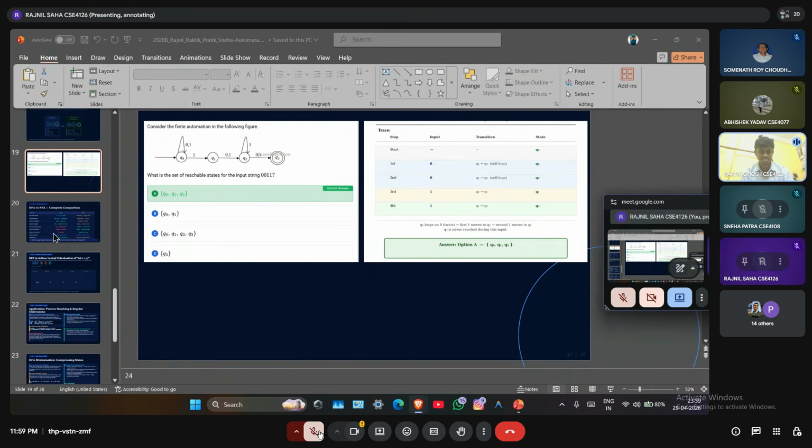When we read the third character 1, the transition Q0 to Q1 fires, moving us to Q1. Finally, reading the fourth character 1 triggers Q1 to Q2, landing us at Q2. Since Q3 is never reached during the traversal, the complete set of states visited through the entire execution is Q0, Q1, and Q2, which is option A.